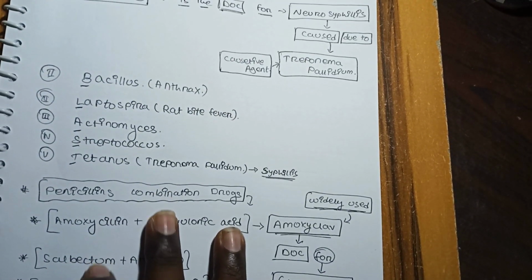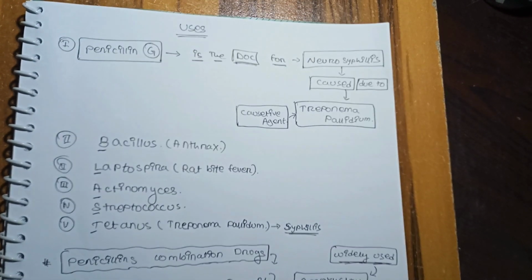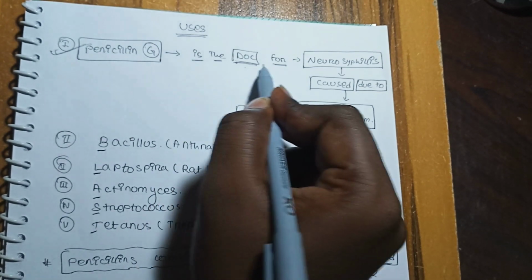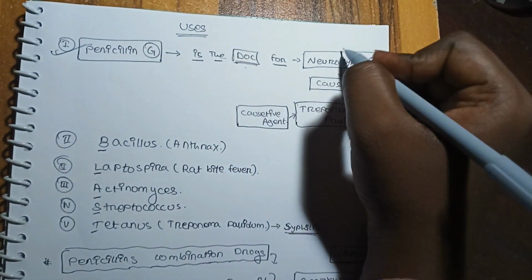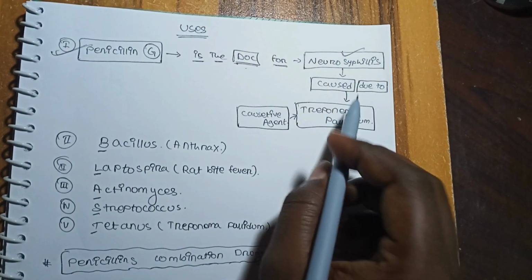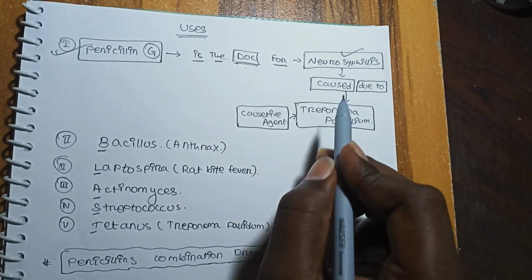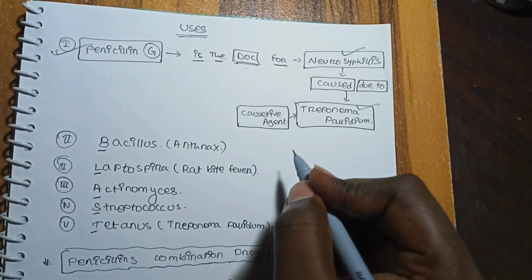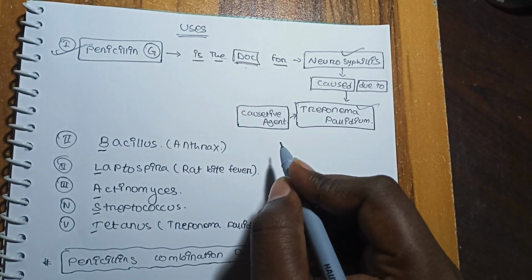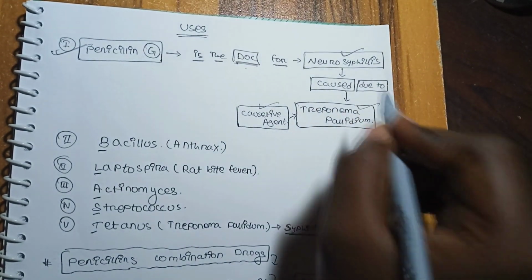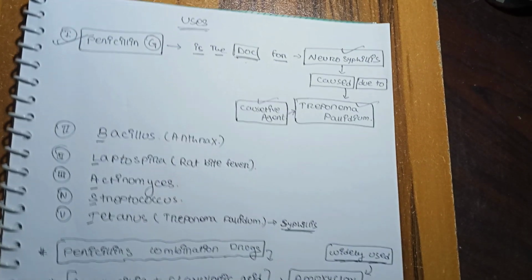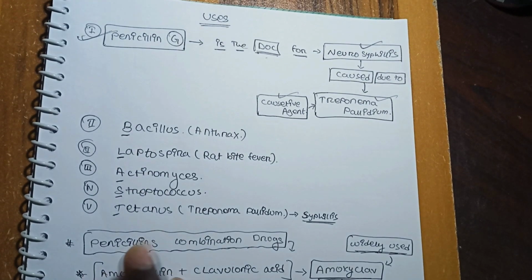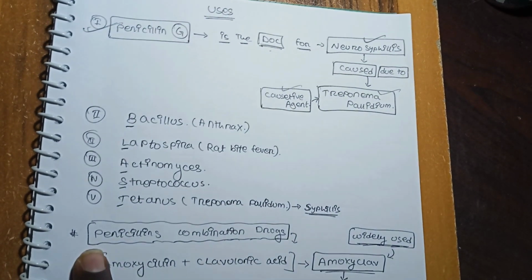Now coming to the uses of penicillin. Penicillin G is the drug of choice for neurosyphilis. Syphilis is a type of sexually transmitted disease which is caused by Treponema pallidum. Treponema pallidum is the causative agent for syphilis, and penicillin G, natural penicillin, is the drug of choice for neurosyphilis.